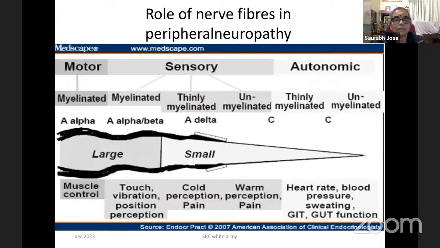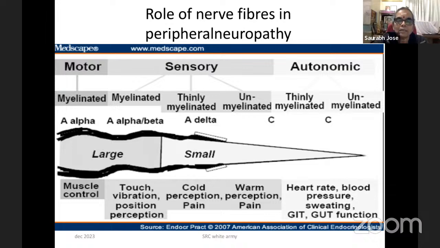And here you can see the myelinated fibers, which are either motor. The motor myelinated fiber A alpha connects to the spindle afferents, as I already told. And among the sensory fibers, you have myelinated, thinly myelinated, and unmyelinated. The myelinated sensory fiber is A alpha and beta, and that carries the proprioceptive function.